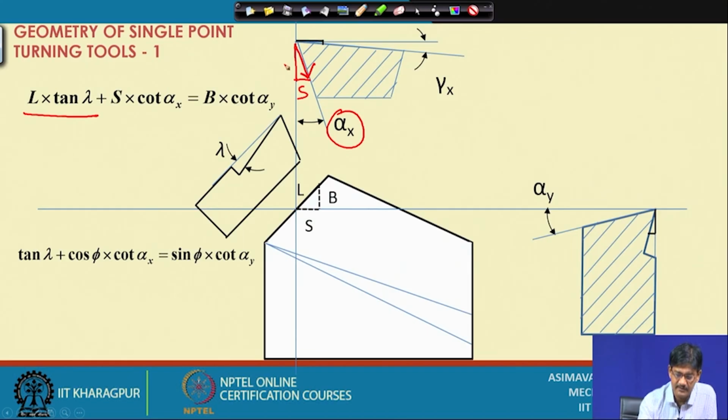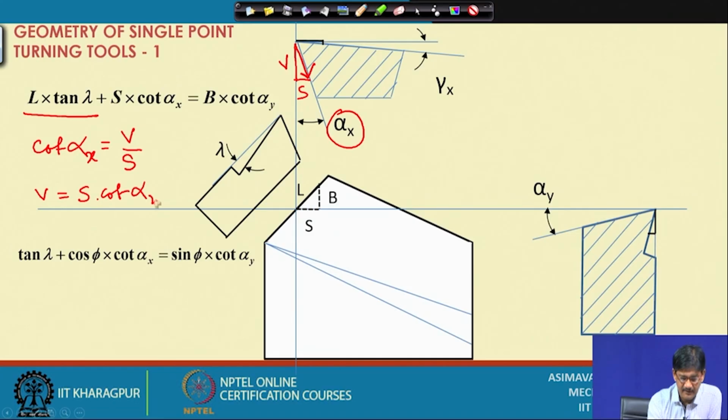Therefore, we can definitely express a relationship where S, the vertical distance, is of our interest. Let us write it as V. So, we can immediately say that cot alpha x must be equal to V by S, which means that the vertical distance is nothing but S cot alpha x.